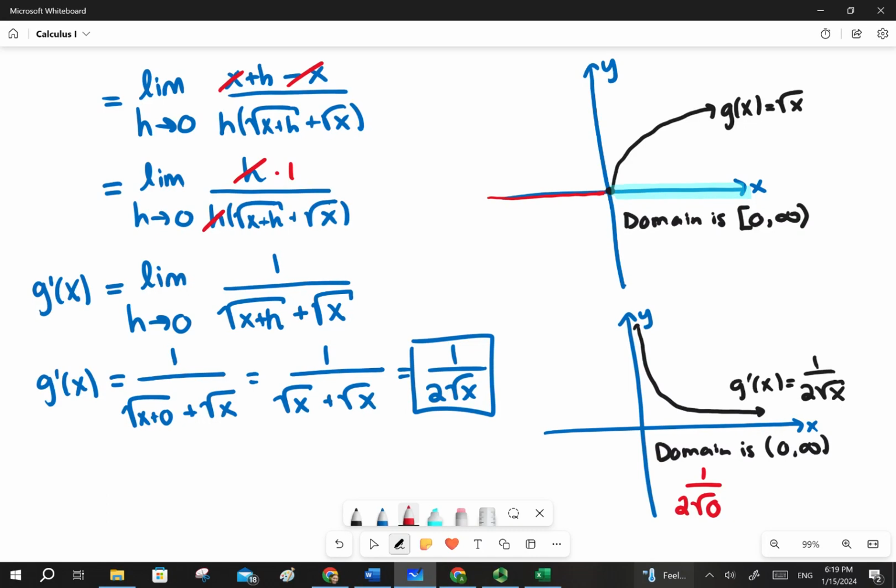We'll talk more about when the derivative of a function is and isn't defined later.